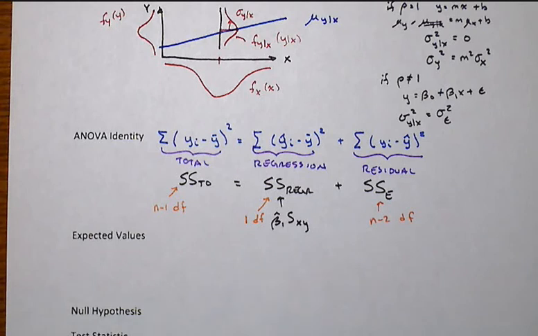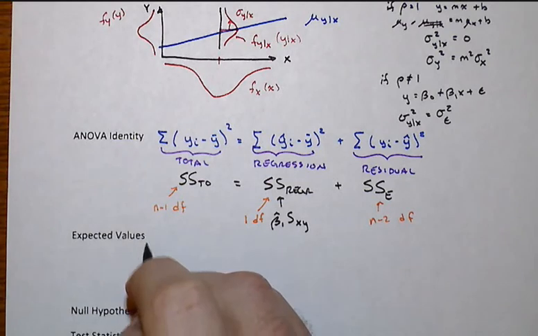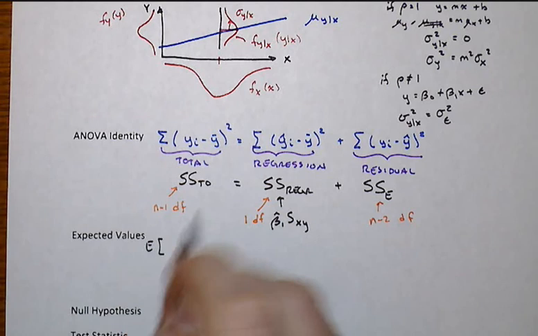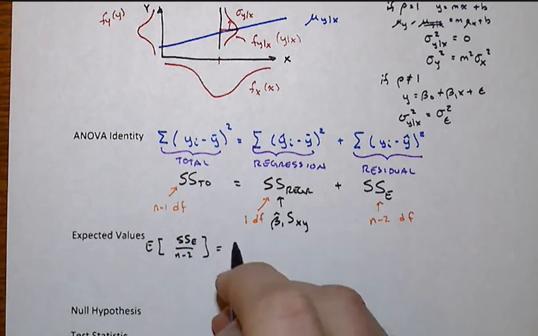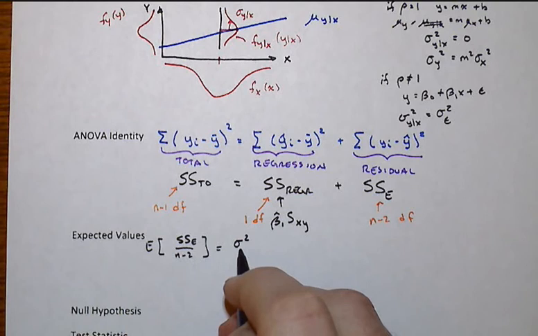And so in this notion that we're going to test for significance of regression, we need to go find some expected values and understand what the sampling distribution might end up being. The expected value of SSE over n minus 2, well, remember that was nothing other than our estimator for the variance of that error, right?